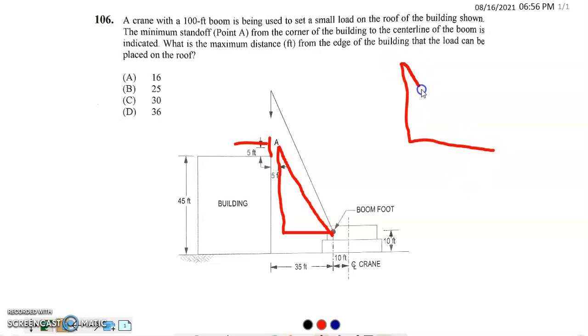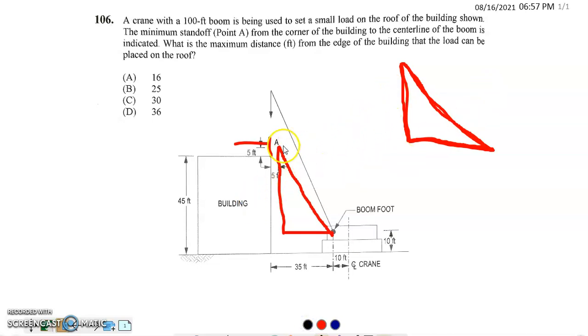Don't mind my handwriting, I'm just trying to draw something so we can all see. It's not straight, but let me try to make it straight. It's a right angle. Let me change this back to black instead of red.